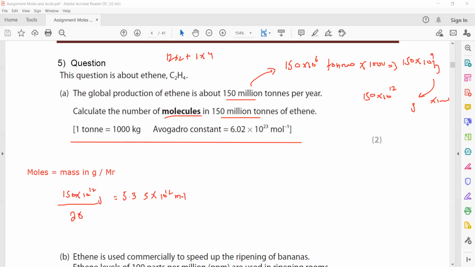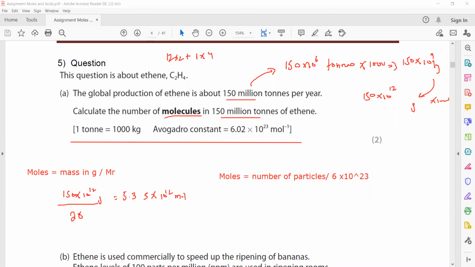We know the formula which relates the moles and the number of particles. Moles equal number of particles, which can be atoms, molecules or ions, divided by Avogadro's number, which is 6 into 10 to the power 23. We have the moles and we need the number of particles.